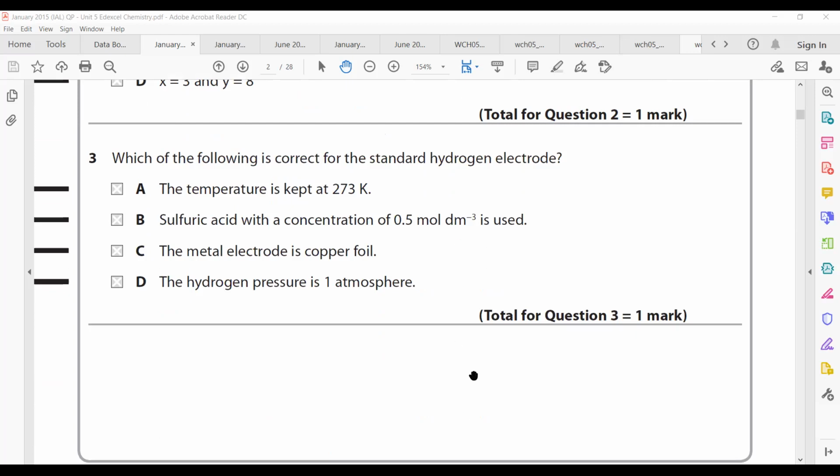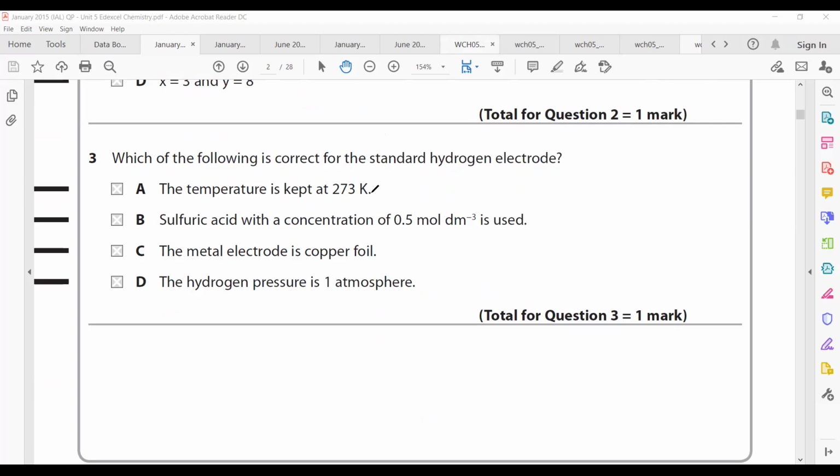Question 3. Which of the following is correct for the standard hydrogen electrode? The temperature kept at 273 Kelvin.